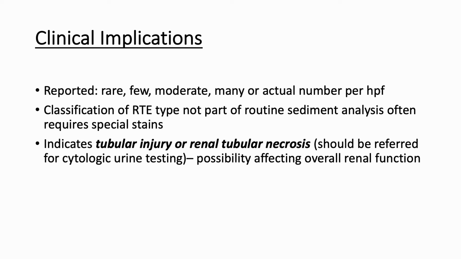The classification of the type of RTE is not usually part of routine sediment analysis and more often than not would require the use of special stains. RTE cells on urinalysis are reported semi-quantitatively using the terms rare, few, moderate, or many, or you can report the actual number per high-power field.